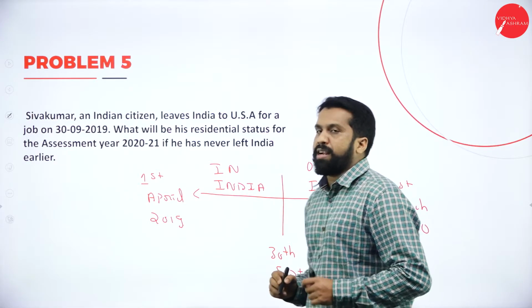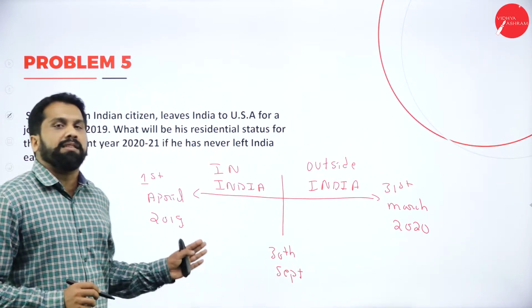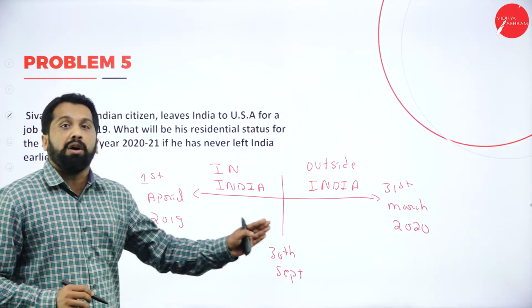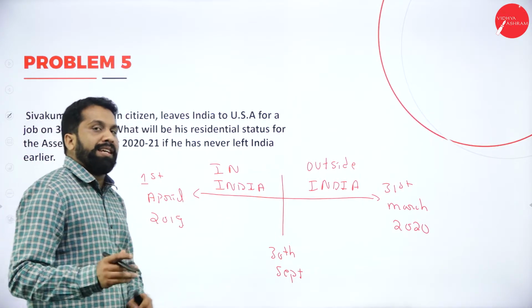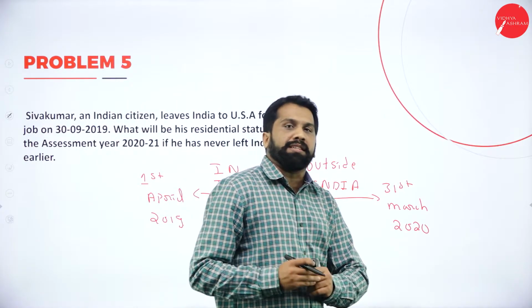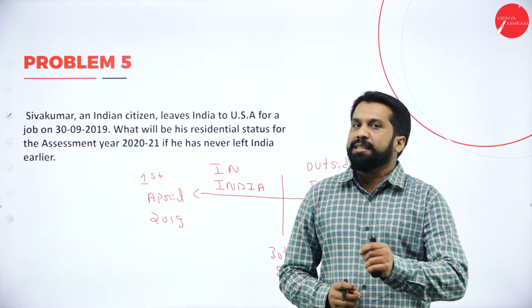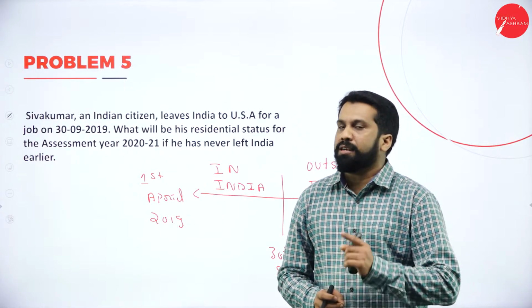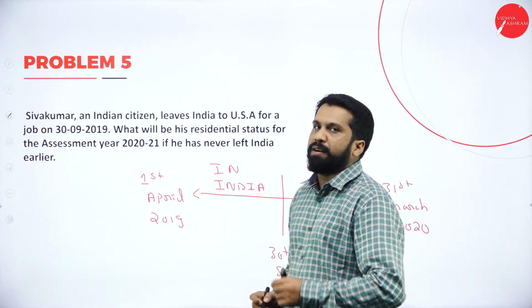This is very important. Up to 30th September, he was in India. After 30th September, he was outside India. Now, we need whether he is in India or outside India. For our calculation, we need whether he is in India or not. Up to 30th September, we'll start from April.